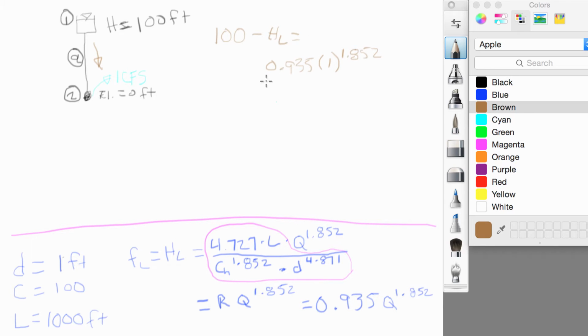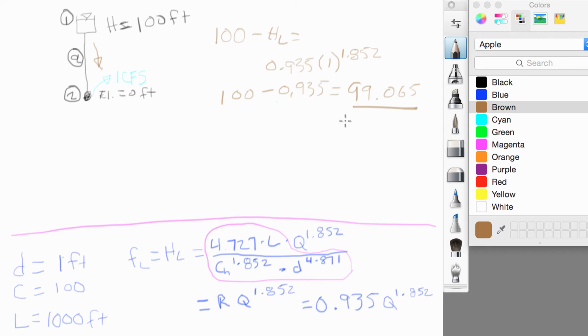And so that's the reason why we're using rounded off variable values, so it makes the math easier. This goes to 1 over here, so we're left with a head loss of 0.935. So 100 minus 0.935 is equal to 99.065.